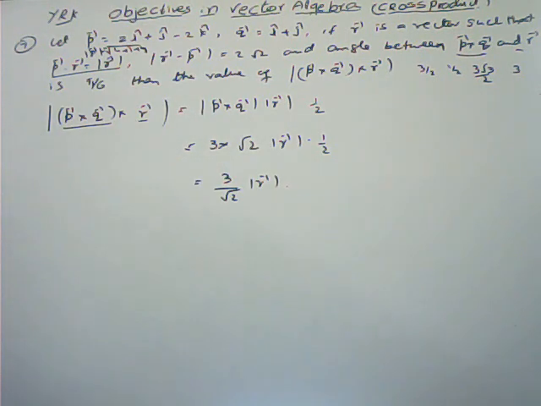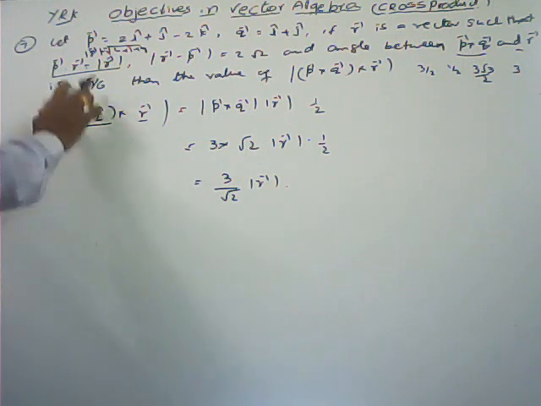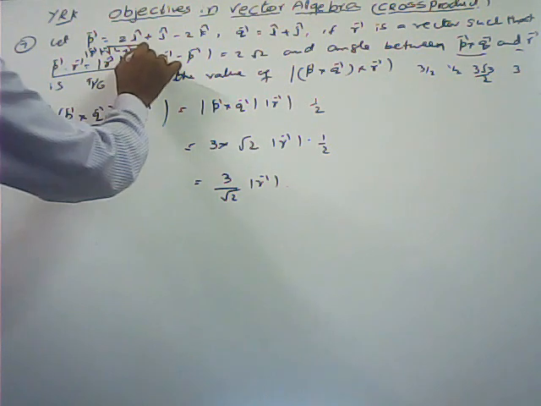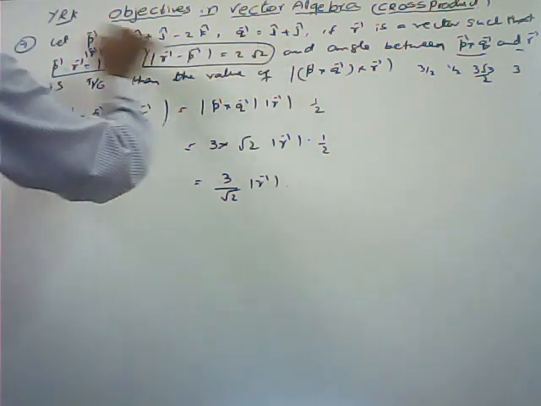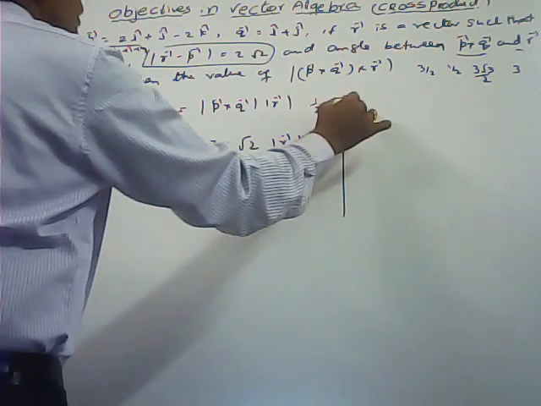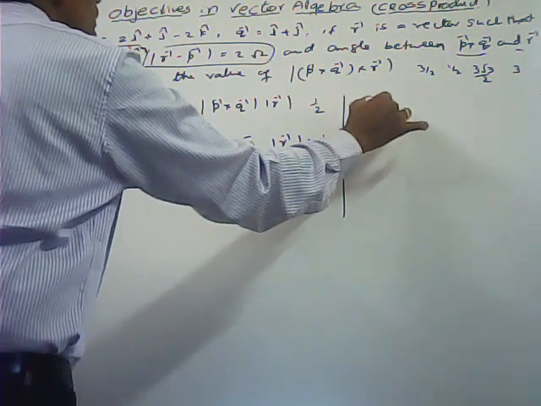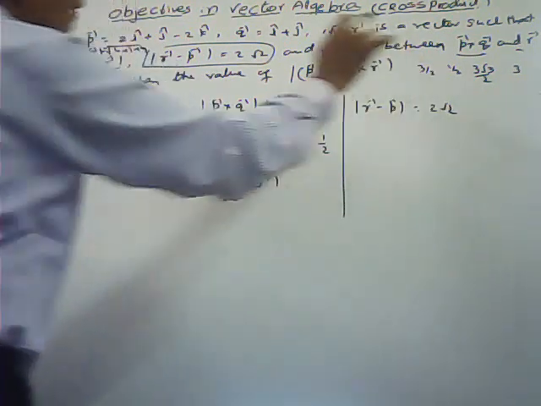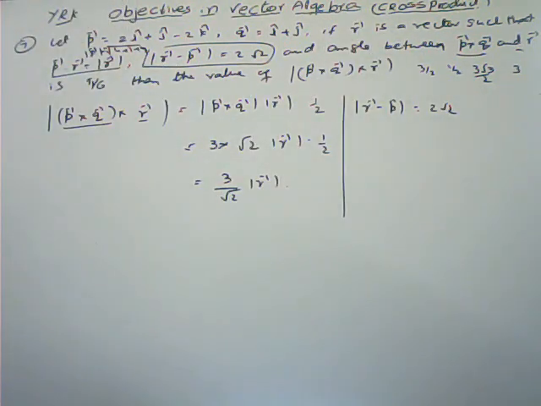Here modulus of r bar, we don't know that one. What they have given is modulus of r bar equal to p bar dot r bar, and one more condition is also given. What is that one? Modulus of r bar minus p bar is equal to 2 root 2.